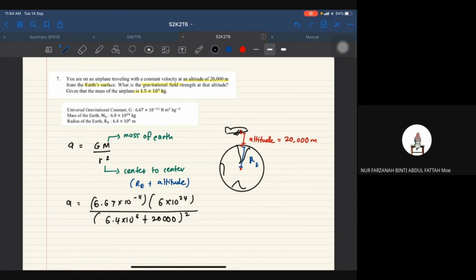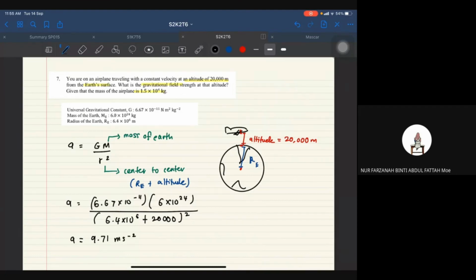Okay, berapa dapat ni? Nilai dia besar ke sini? 9.71 is it? Betul?